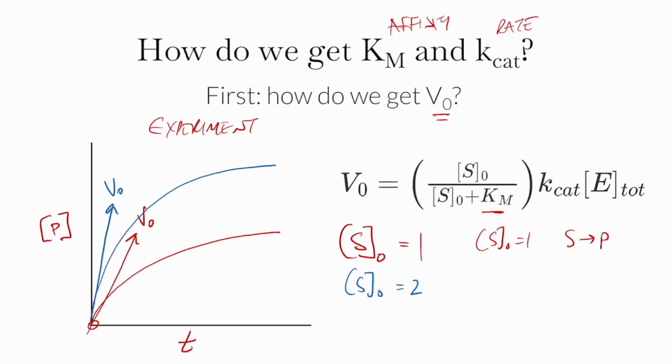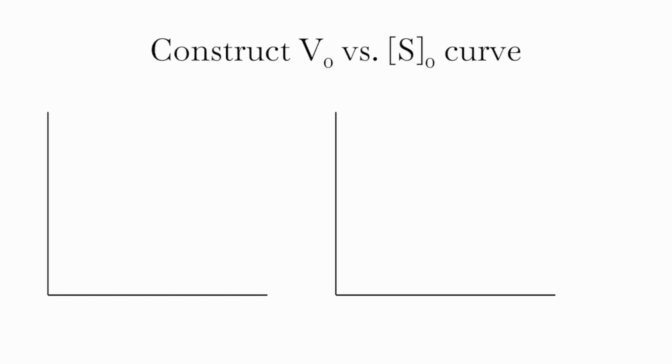So let's do S naught equals 3. So now it's going to be 3 times higher, and we're going to have a V naught associated with that. So you can imagine that what we can do experimentally is measure these initial velocities for reactions as a function of substrate concentration, and that will let us construct a V naught versus S naught curve.